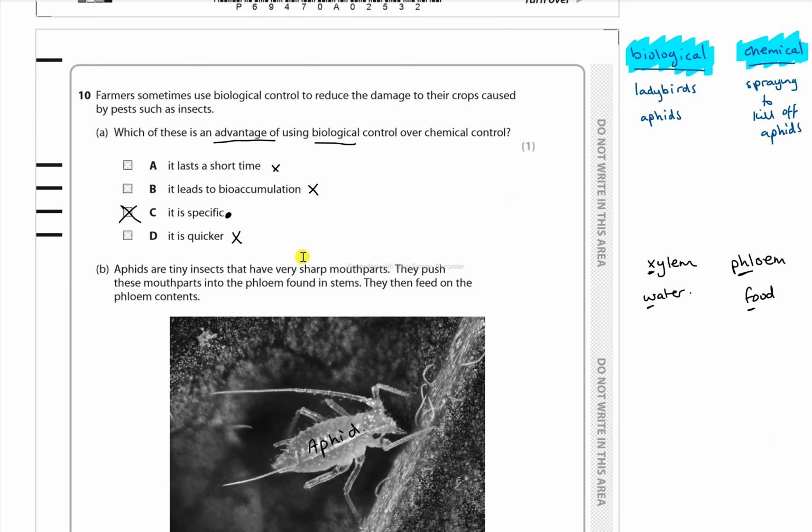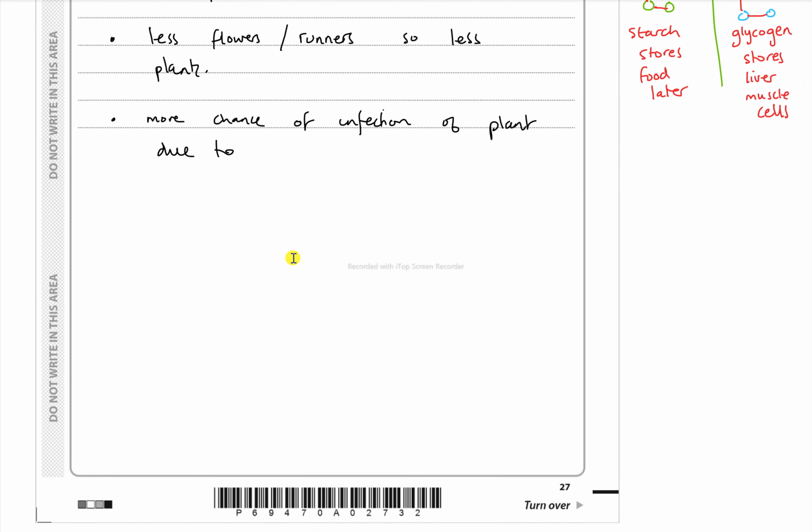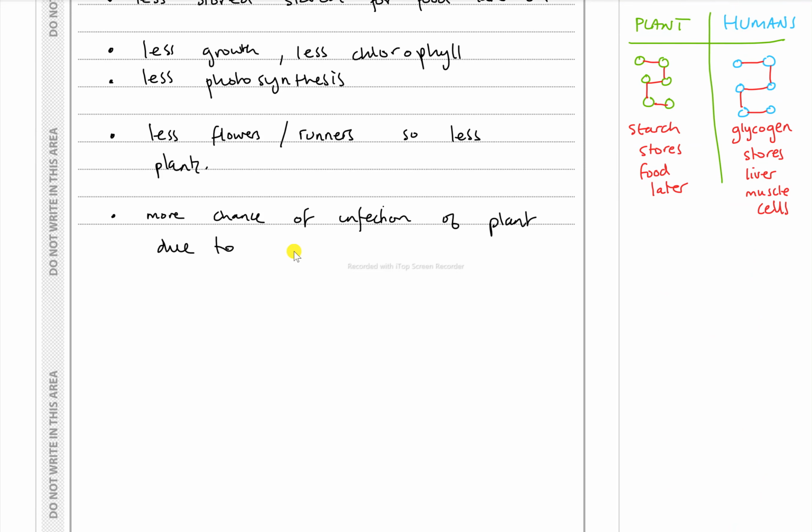Yeah, so the sharp mouth parts here will cause an injury, we'll call it open wound in plant.